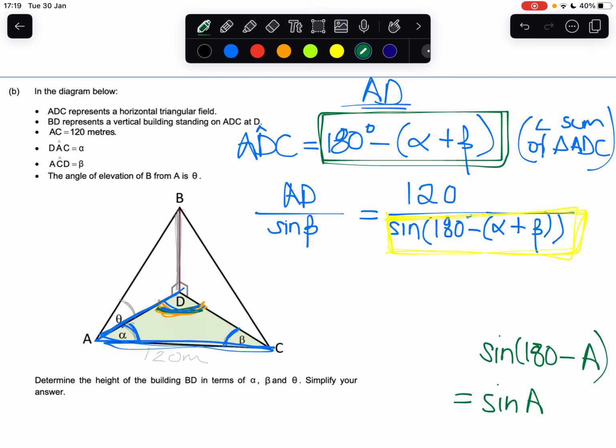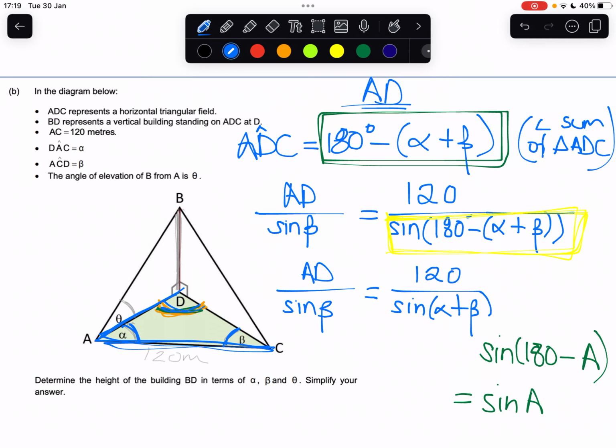So we can apply that same logic over here to say that this is the same as 120 over sine of this guy, alpha plus beta. Right.